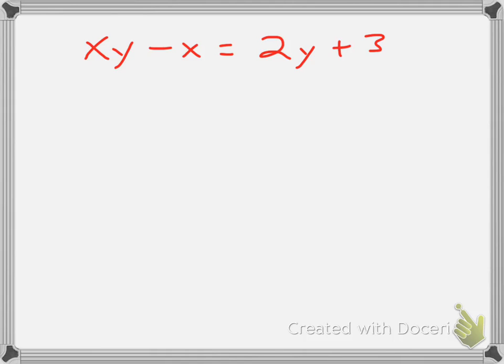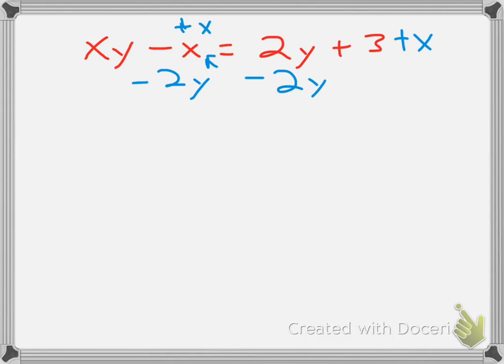First thing I'm going to do is move all my y terms to the same side. I'm going to move the 2y over, which means I'll subtract. And I want only my y terms on a single side. It doesn't matter which side, I'm just choosing the left. Which means I want to move this single x. So I will add x to both sides.